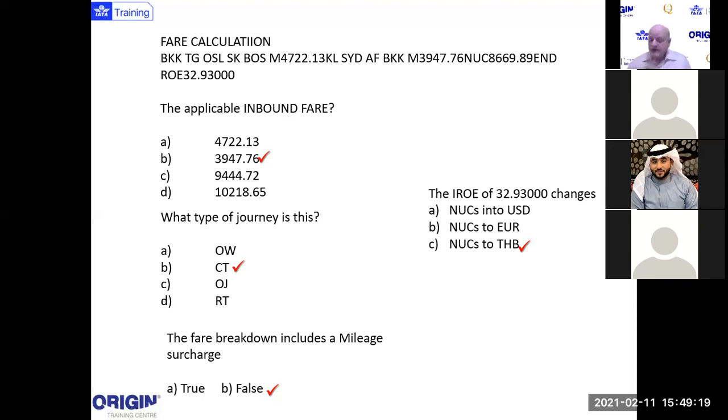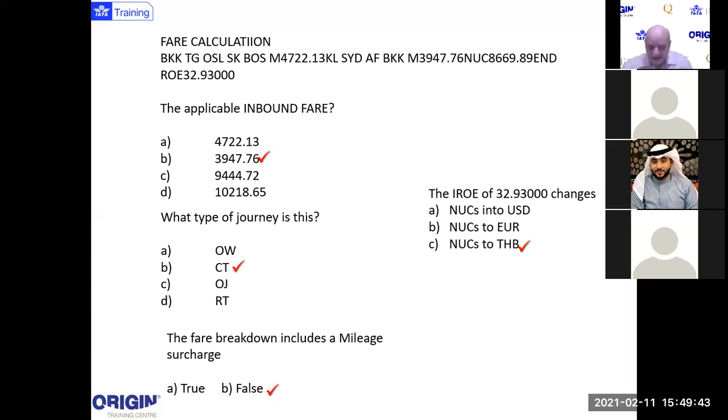If I want to pay in Bahrain dinars, it's okay, but I have to take the Thai baht, BSR, then into Bahrain dinars. I can't go NUC directly to a foreign currency. It always has to be the currency of the country of commencement.